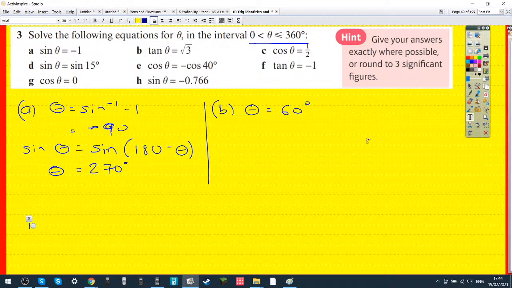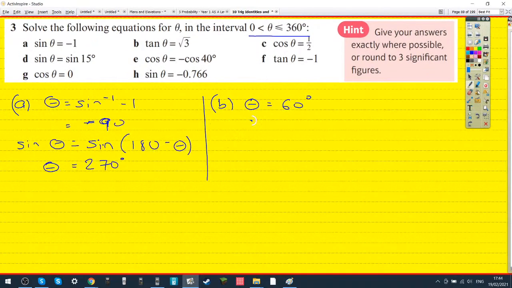So there's only one answer for B? For B, no. We got two answers, 60 and 240.